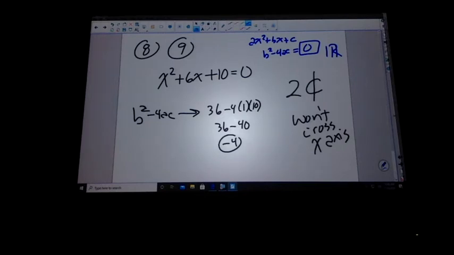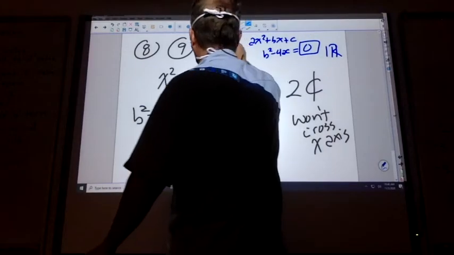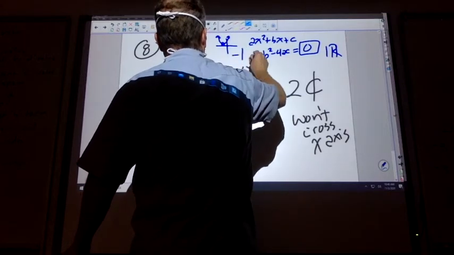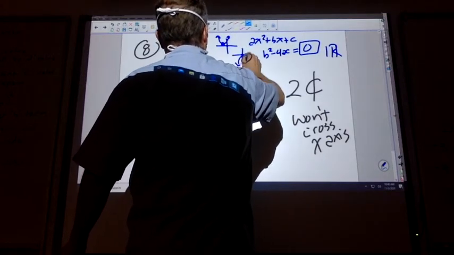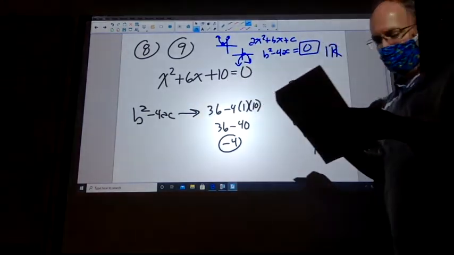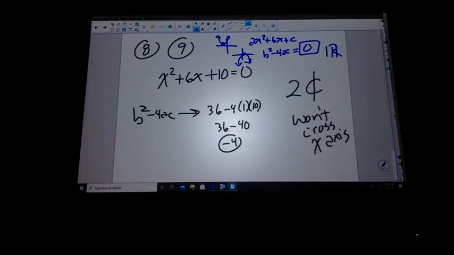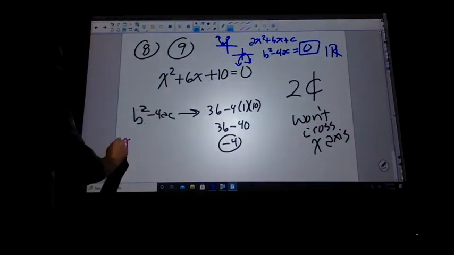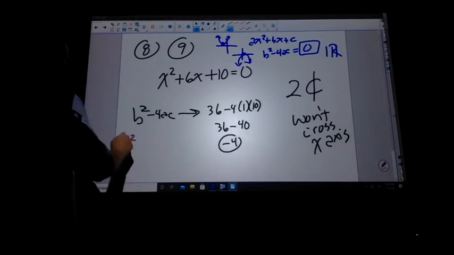If there's 1 real solution, that means this parabola either looks like this, or touches there, or looks like this. The vertex is on the x-axis. It's a bounce.